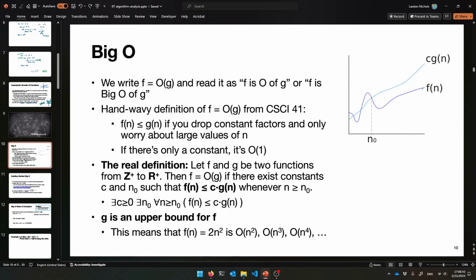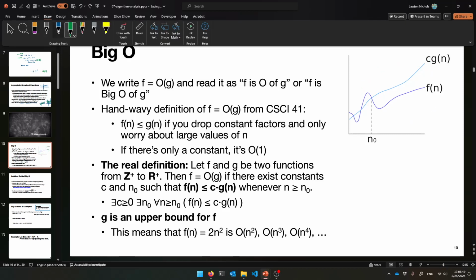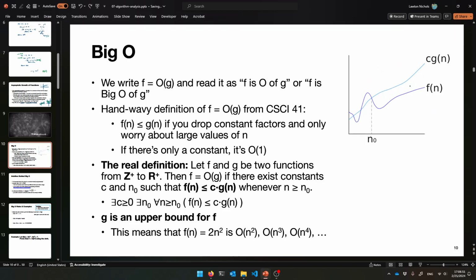So this is essentially what big O means. f is big O of g when you can multiply your function g by some constant, and have it eventually, not at the start, but eventually for some value, which we call n naught, c times g of n is always bigger than our f of n. It means it's bounding it above. So big O is talking about an upper bound.